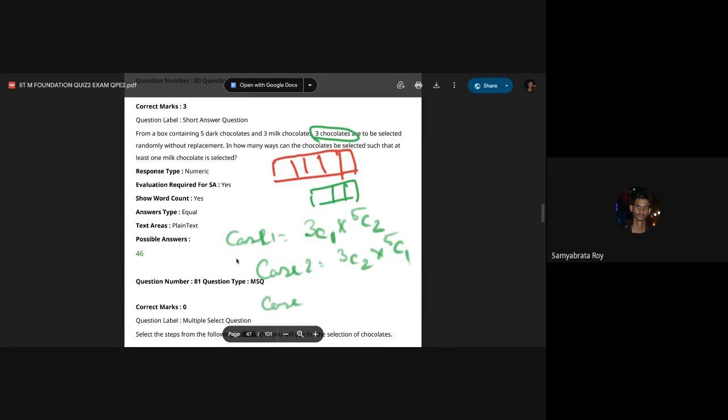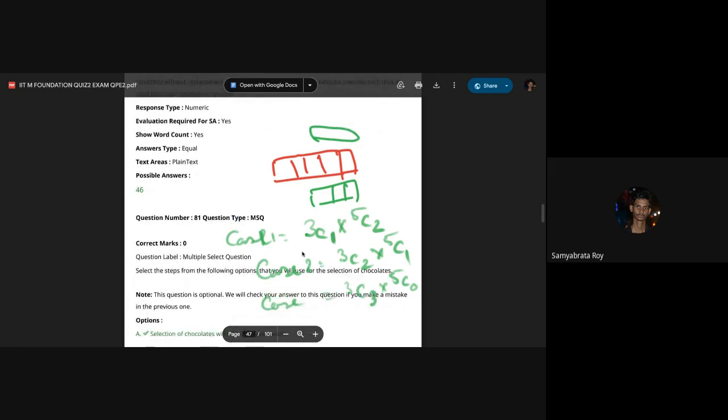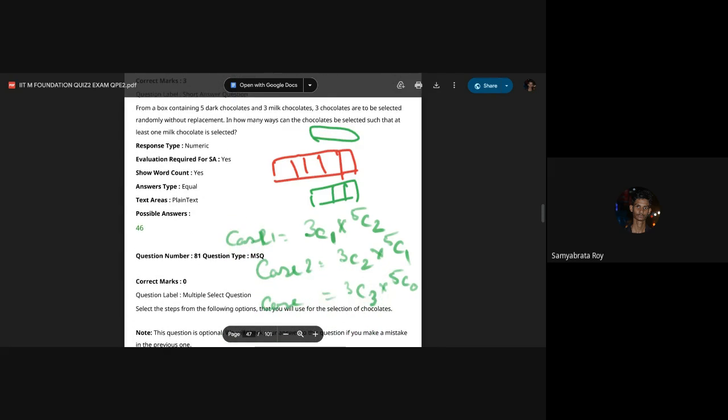And case 3: all the chocolates I have chosen are from the milk chocolate box. They said at least one, right? I could go with a higher number, right?